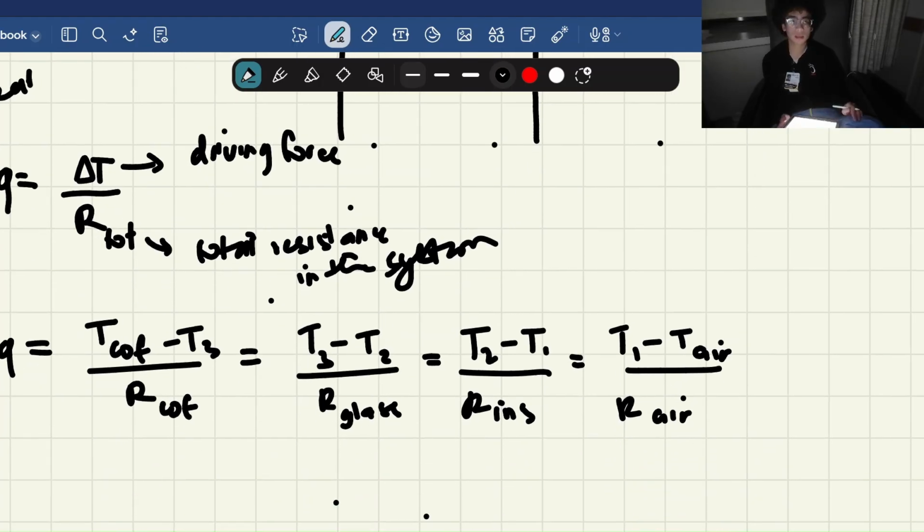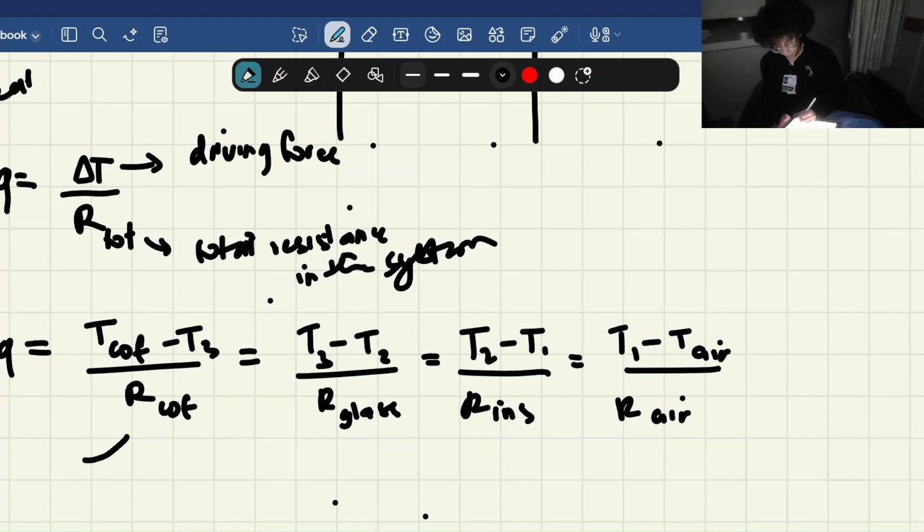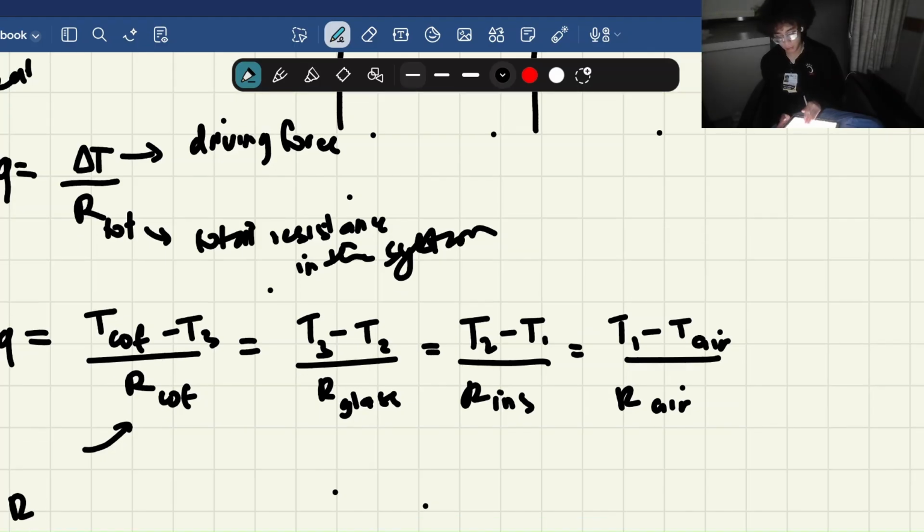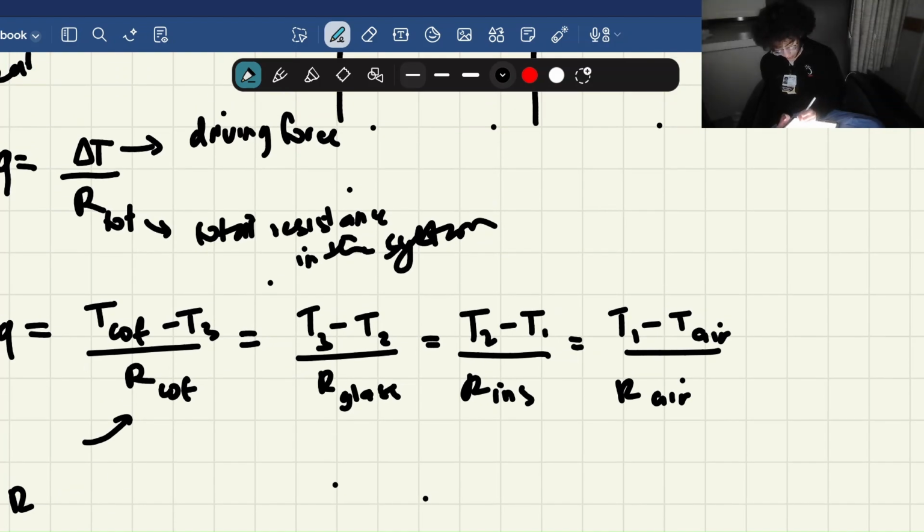So we discussed in homework part C that resistance R depends on if it's by convection or conduction. So you know that by conduction, R is equal to length over kA.